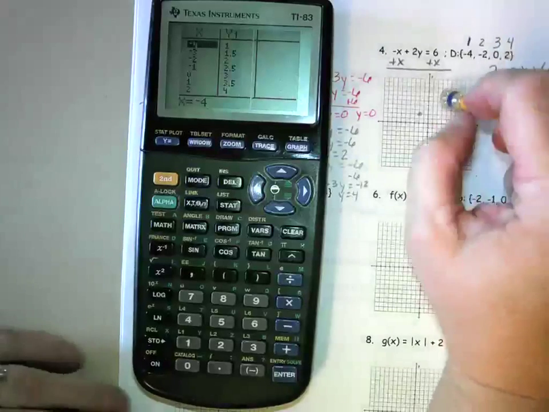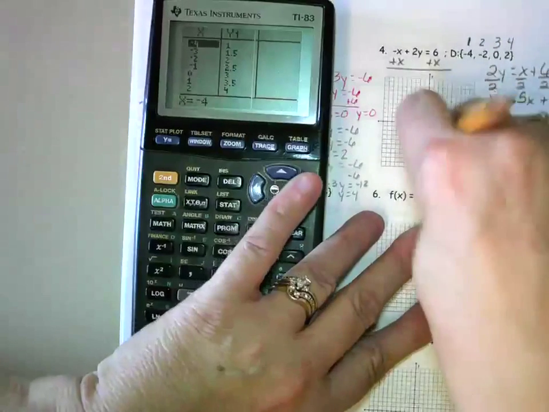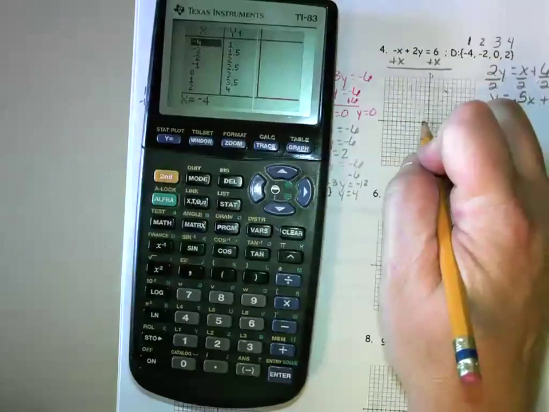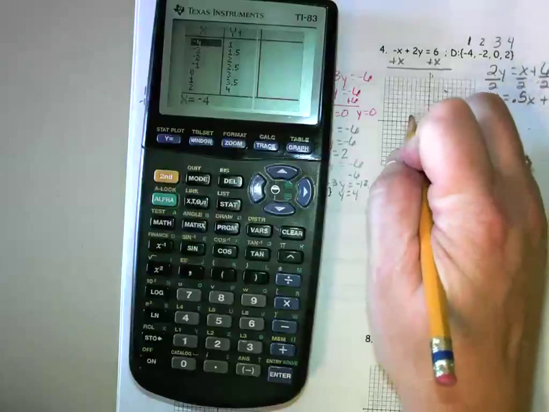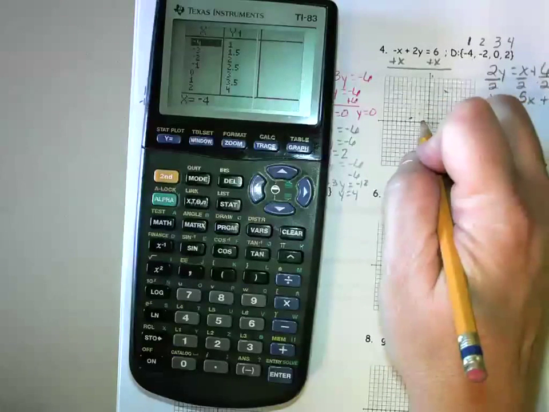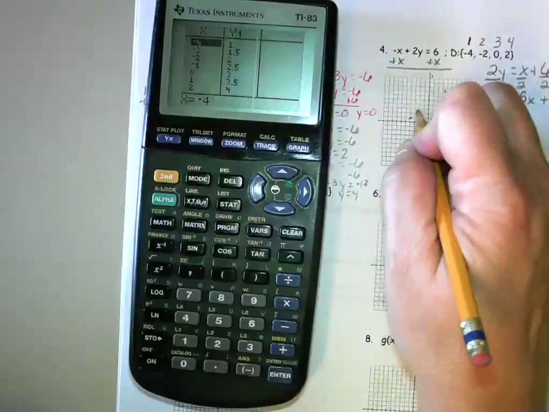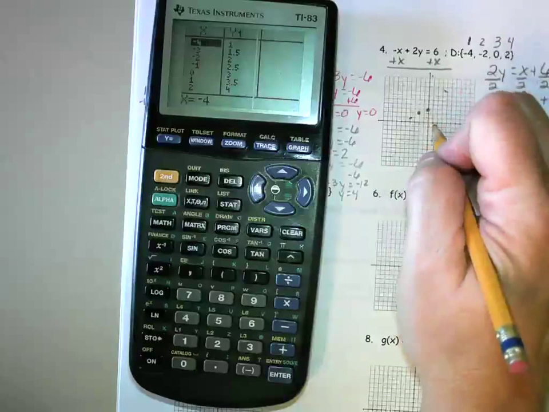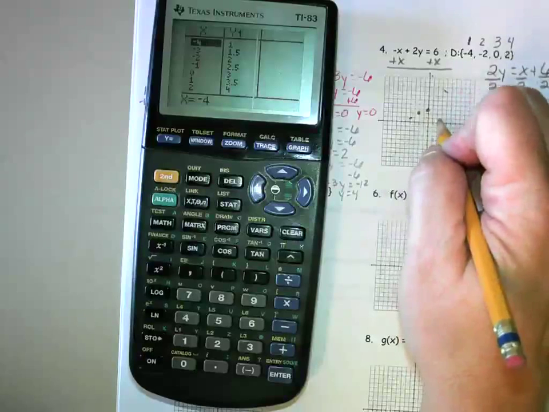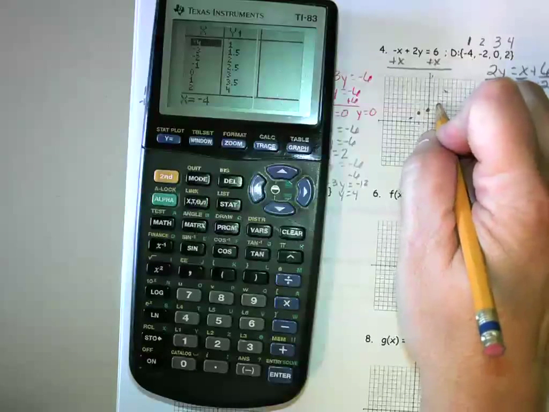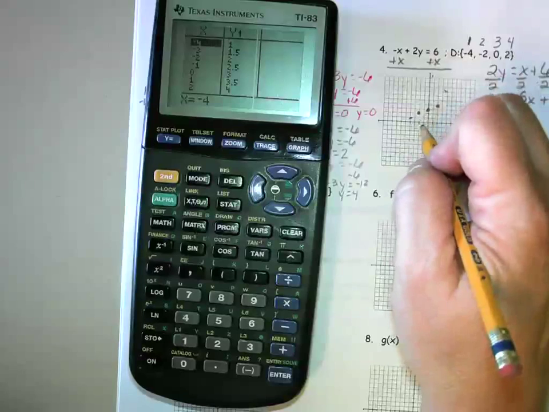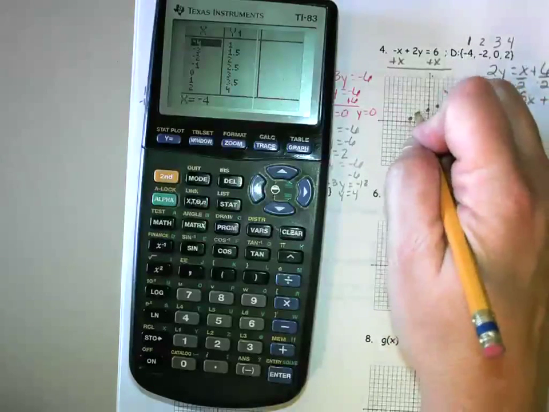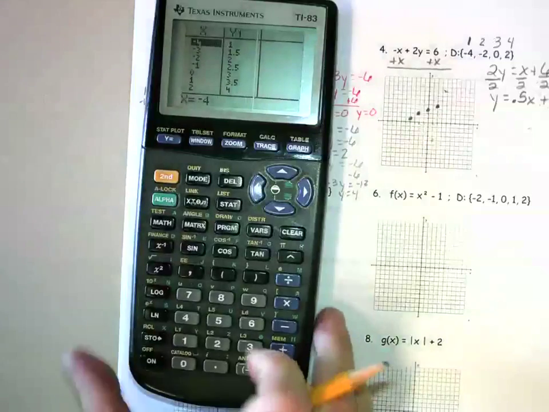Oh, I'm sorry, I graphed that first one wrong. I picked the wrong ones. Negative 4, 1. Negative 2, 2. 0, 3. And then 2, 4. So your line looks like that, and actually we just want dots, so it looks like that.